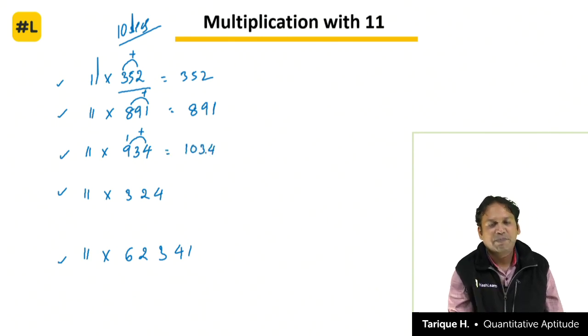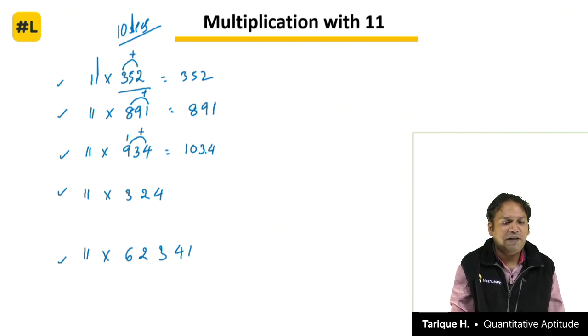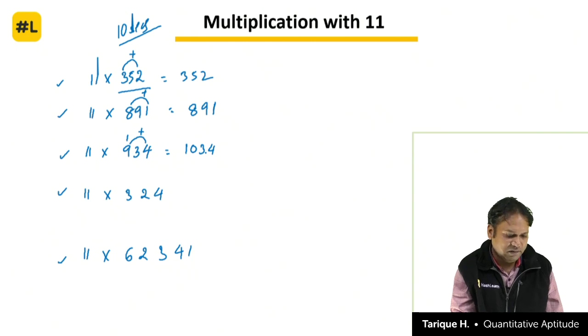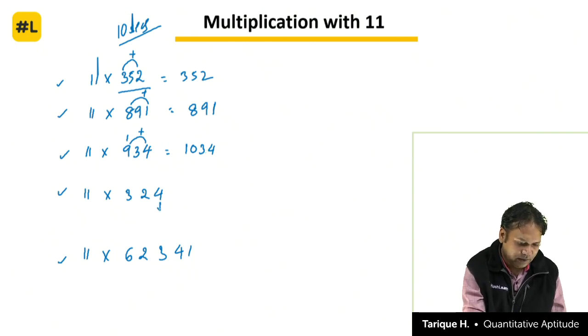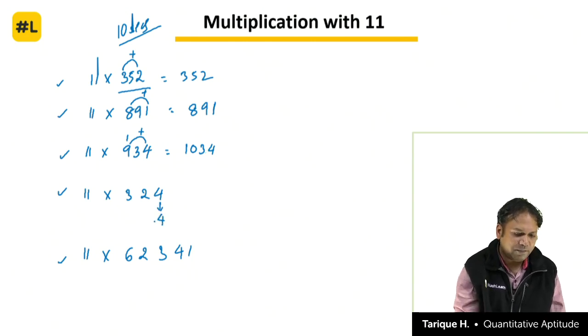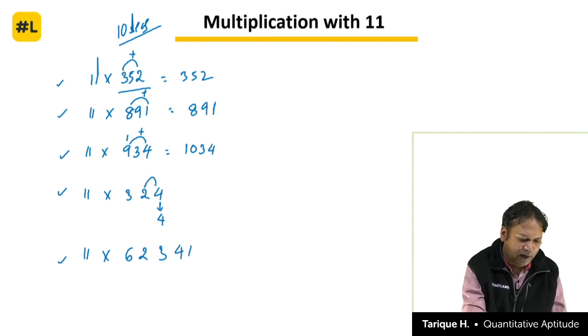See, very simple. When we have a 3-digit number or 4-digit, 5-digit numbers, then there is a slight change in strategy. First we will take 4. What is this value? 4. Now we will add 2 and 4. 2 plus 4, 6. Then 3 plus 2, 5. Think of there being a 0 here.